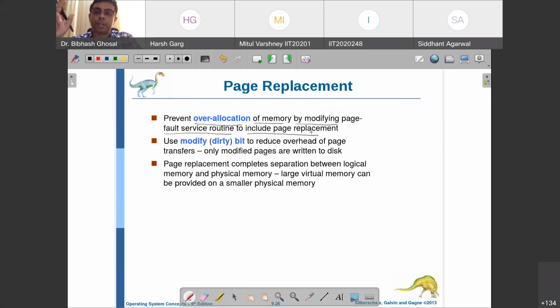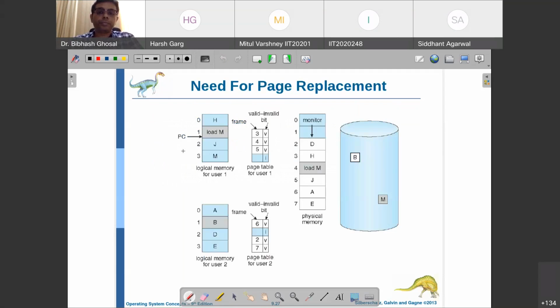That is number one. Second, use a special bit called the dirty bit to reduce the overhead of page transfers. Keep this in mind and look at the algorithm.